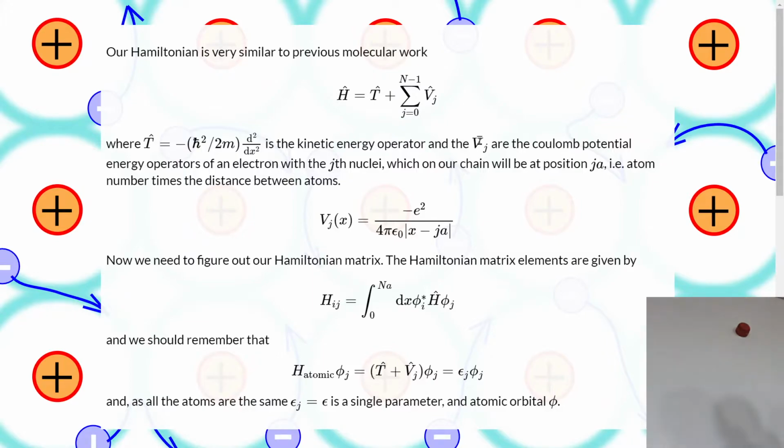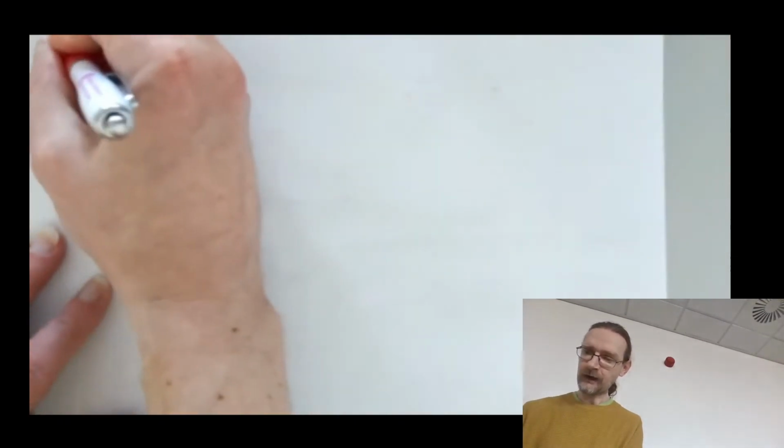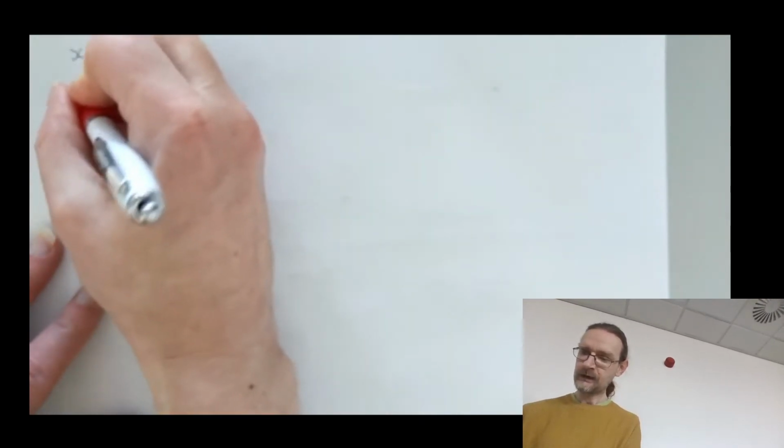So I've got e squared on the top, where e is the charge on an electron, and then 4 pi epsilon 0, and then at the bottom, since we're in one dimension, a distance, where x is the position of the electron, and the Jth atom has position ja.